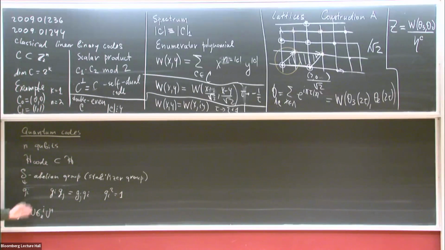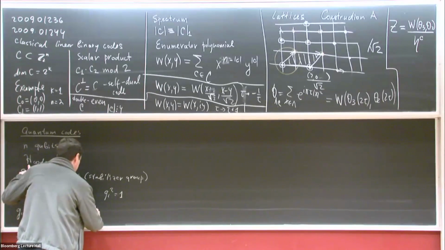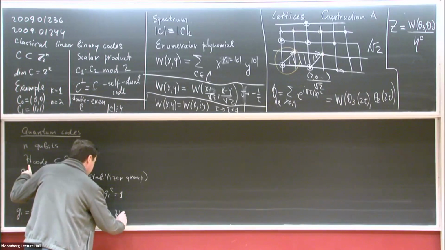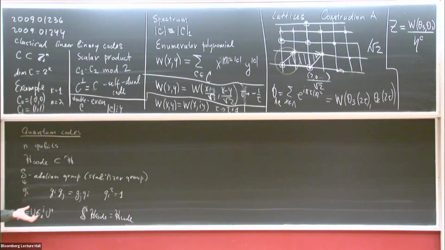They're all acting on different spins, therefore they commute, and they square to 1. Okay, very good. And then I'll say that this code subspace is defined as the space stabilized by my stabilizer group. That's why it's called the stabilizer group, because it doesn't act on the code subspace.